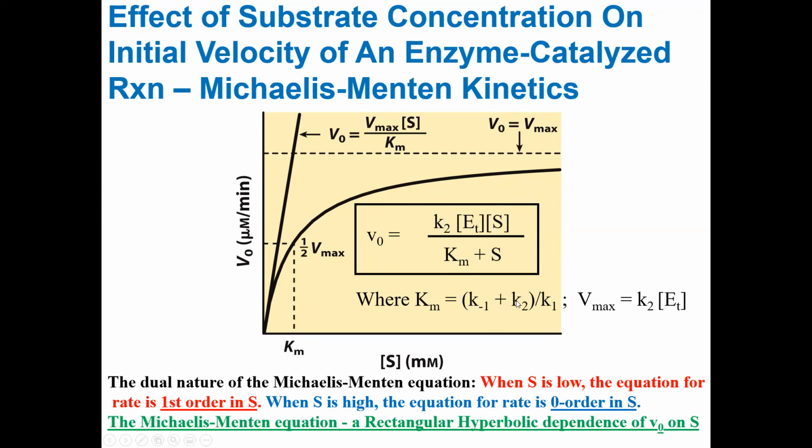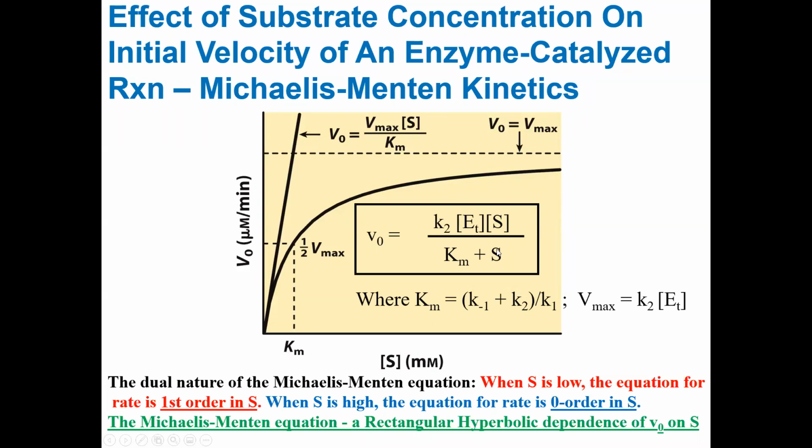Km is (k-1 plus k2) divided by k1. And Vmax is nothing but k2 times ET. So sometimes people write Michaelis-Menten like this: V0 is equal to Vmax times substrate concentration divided by Km plus S.